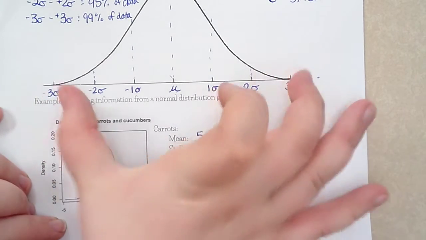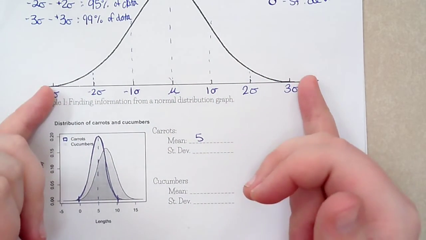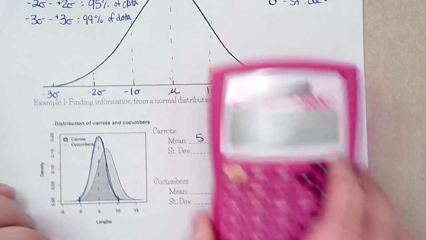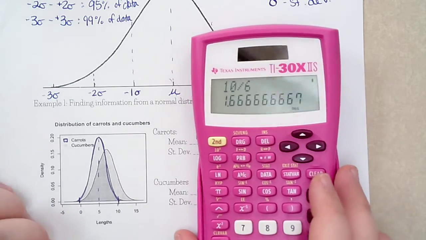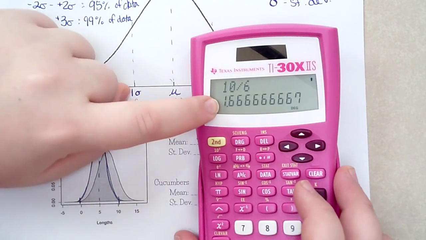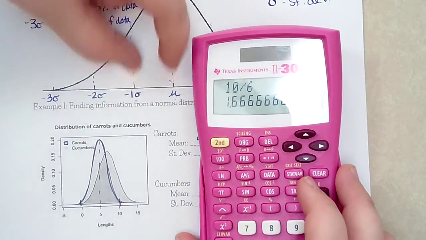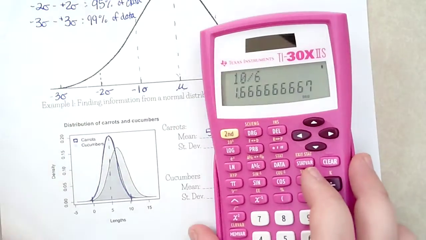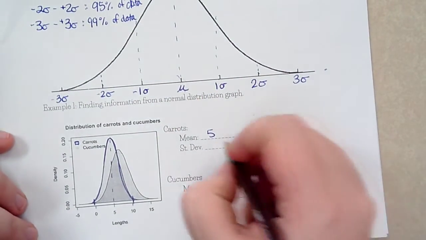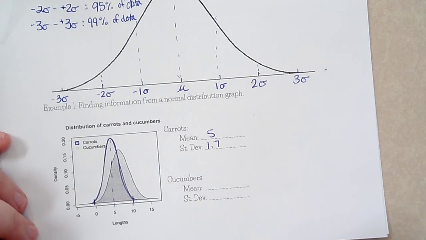If I have 6 chunks here, I have 2, 4, 6 chunks split up between both ends, what I'm going to end up doing is I'm going to say 10 divided by those 6 chunks. This tells me that a standard deviation is going to be about 1.6. That says that each standard deviation strip, each one of these, is going to be about 1.6 or 1.7 units long. So that's what we're going to go with. We're going to say the standard deviation is about 1.7.